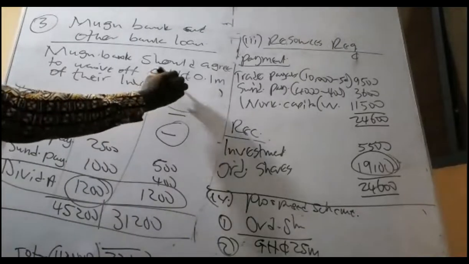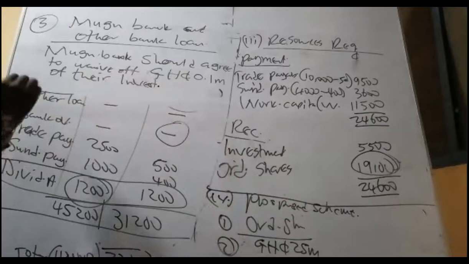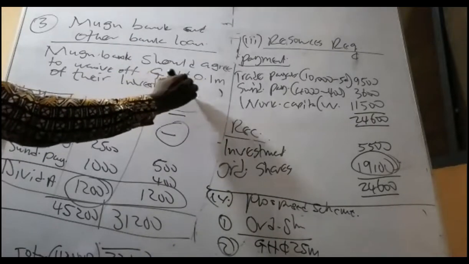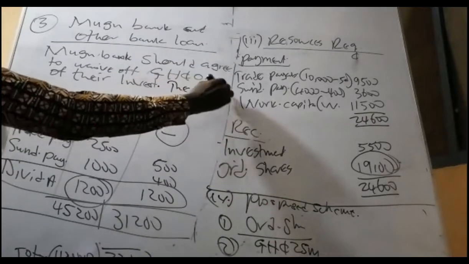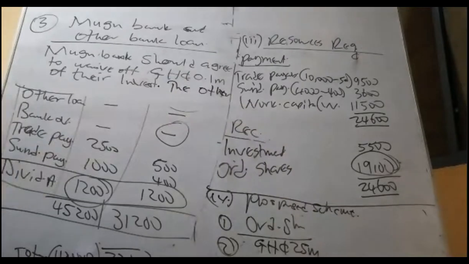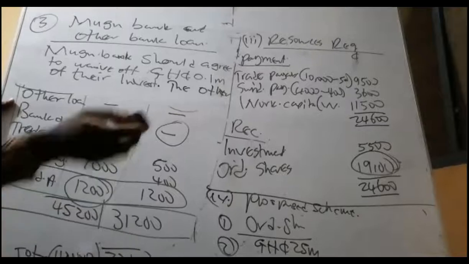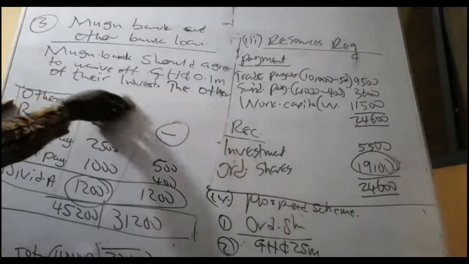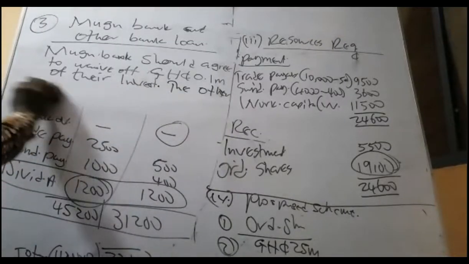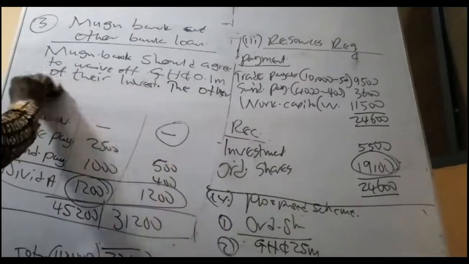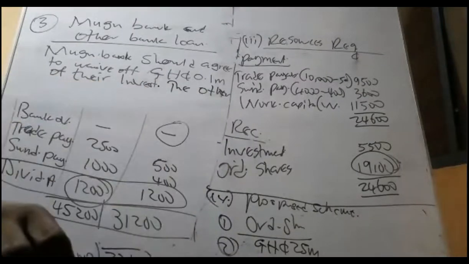Then the next paragraph, the other loan. They are not losing anything, so don't tell them that they should lose. Tell them that it should be secured on the plant and equipment.